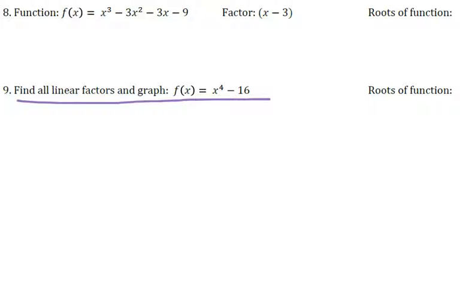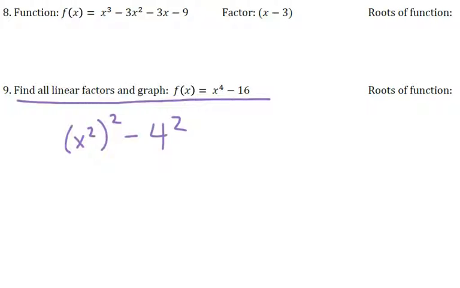Well, this one, I don't know if you learned this last year, is the difference of perfect squares. X to the 4th is like x squared squared, and 16 is like 4 squared. There's a special rule for the difference of squares.